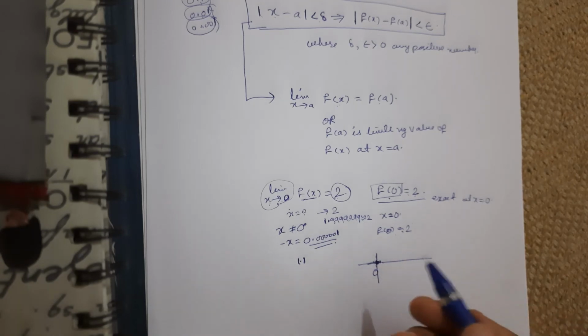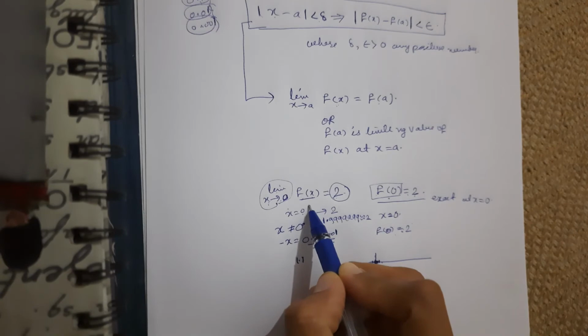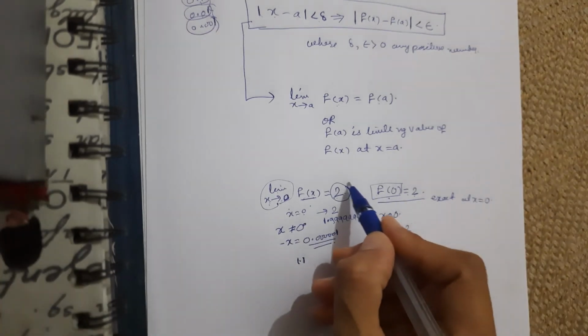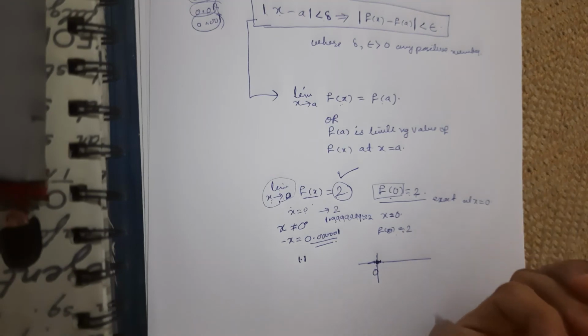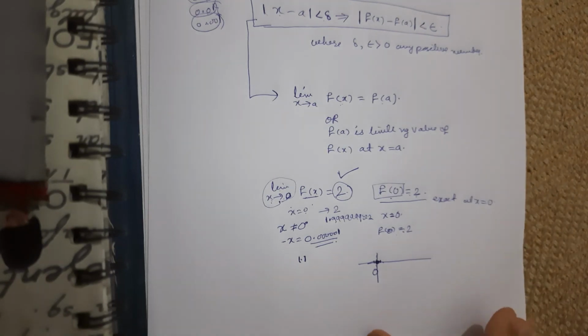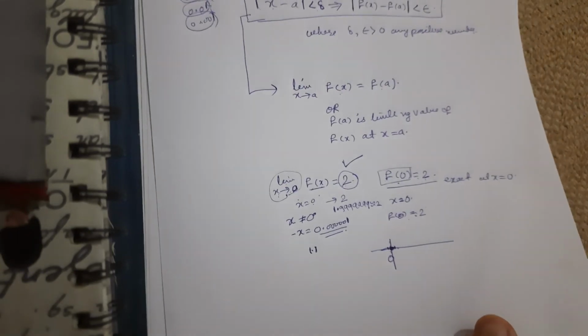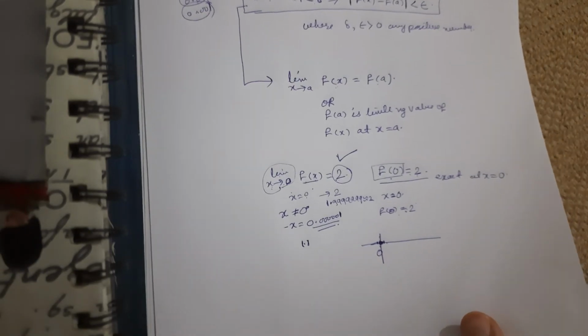So that is the difference between exact value and limiting value. And why do we need to find the limiting value? Because somehow the exact value at that point does not exist. So at that point we just try to find the limiting value and solve our problem.